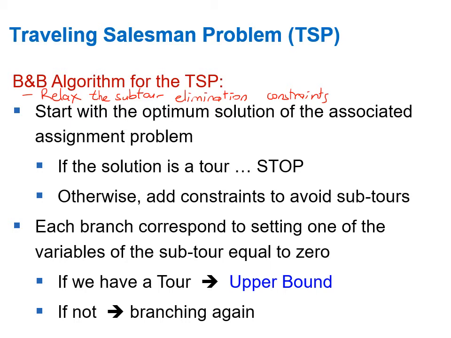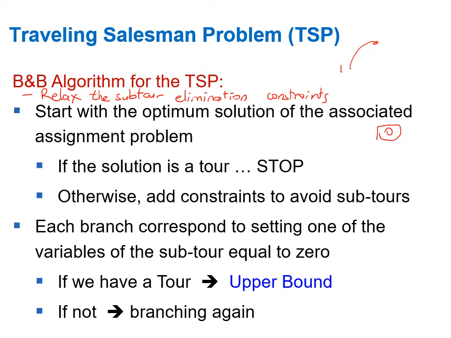Okay, so let's assume that we solved our relaxed problem here in the root node and that we have a subtour. Let me use a simple example.